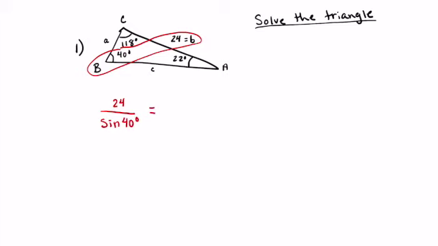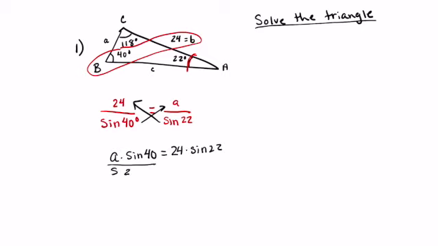And that equals whatever we're trying to look for. Let's look for a first. I'm looking for side a, over the sine of angle A. At this point, I'm just going to cross multiply and solve for a. So I have a times the sine of 40 equals 24 times the sine of 22.